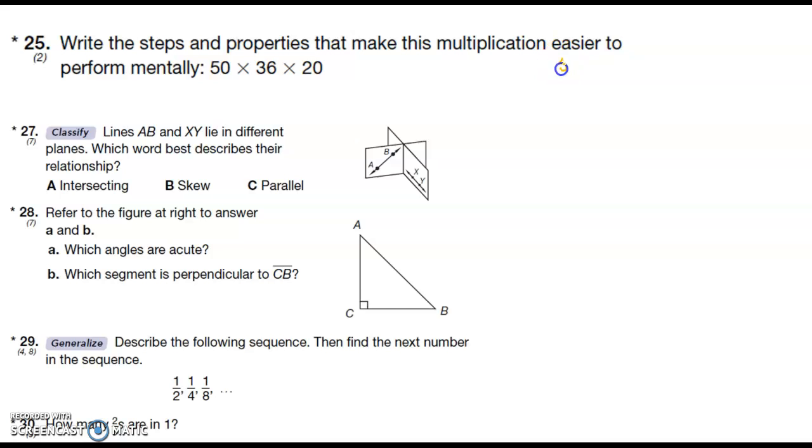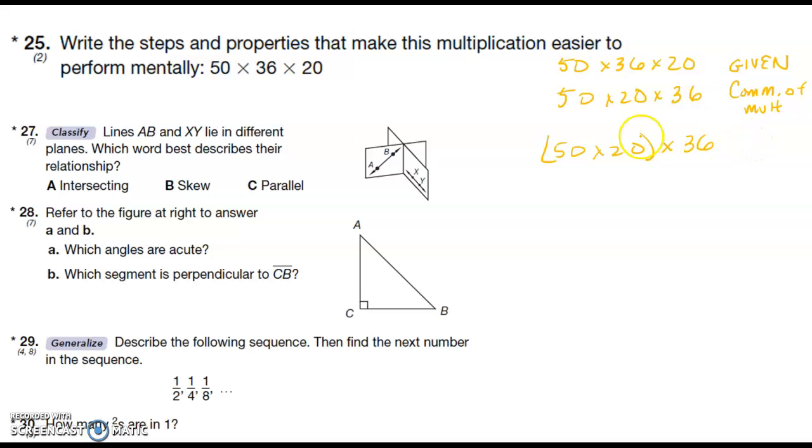Great. So this 50 times 36 times 20 is what we're given. And I'm going to move 50 or 20 there. And since I changed the order, that's the commutative property of multiplication. And then I'm going to put parentheses around the first two.